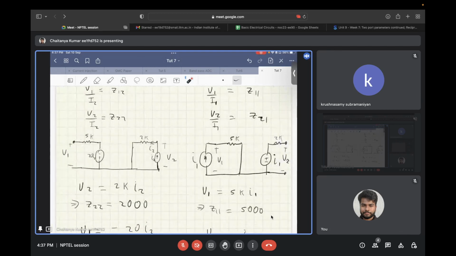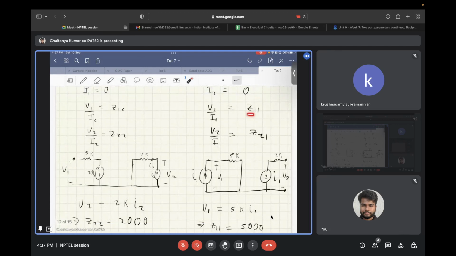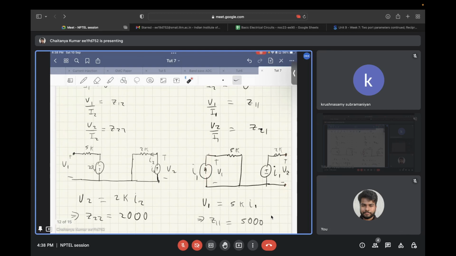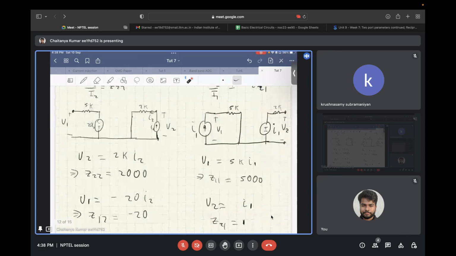Similarly, for the second part, to find Z11 and Z21, we open circuit the second port and apply a current source in the first port. Here V1 is equal to 5 kilo ohms times I1, so Z11 comes as 5,000.